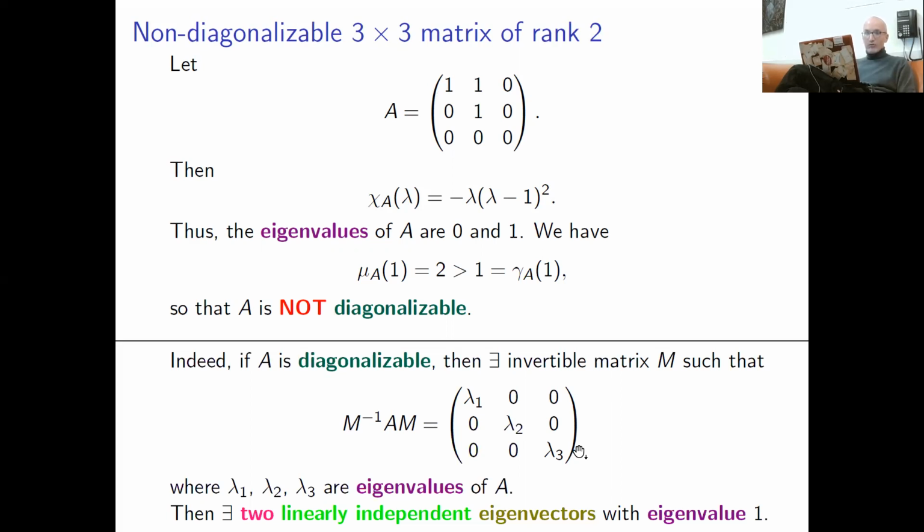But you know that this matrix has the same characteristic polynomial as this matrix. So you know that this matrix has this characteristic polynomial, so its eigenvalues are 0 and 1. So all of these entries should be either 0 or 1.